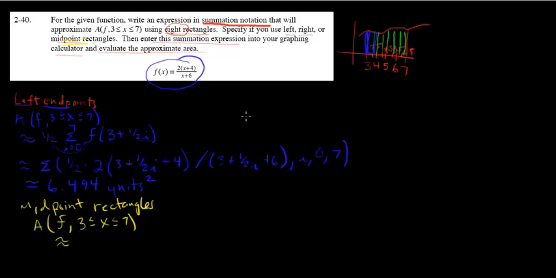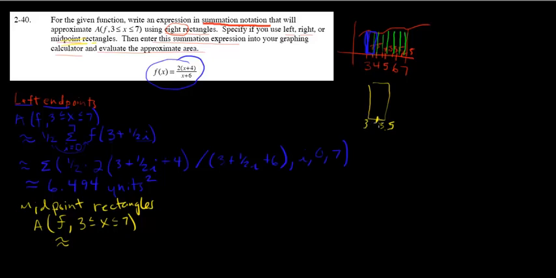Now we don't want to start at 3 because we want to start at the midpoint between 3 and 3.5. If this rectangle spans 3 and 3.5, the midpoint is going to be here at 3.25.